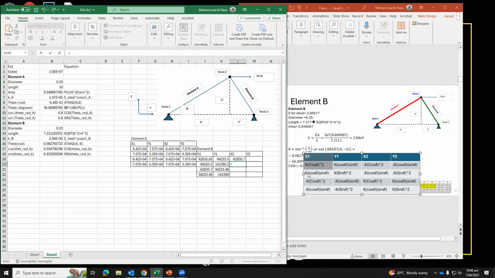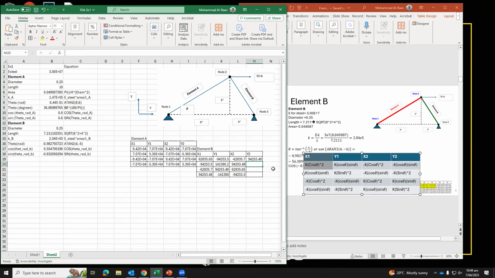Now x2 equals minus, so that one times minus 1 equals this value times minus 1, which will be positive. And this one is K cosine theta square, so it equals that. And this one is K cosine theta, equals this one. So I'm just following exactly the equations. Equals minus K cosine theta, so that one times minus 1.